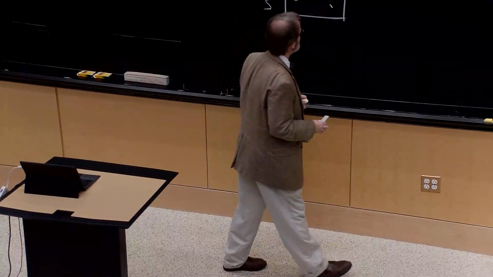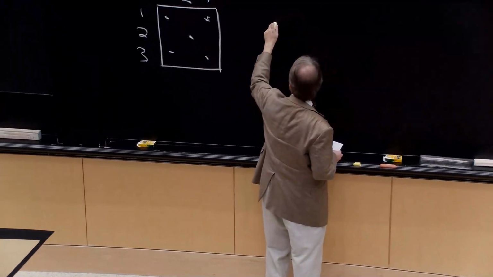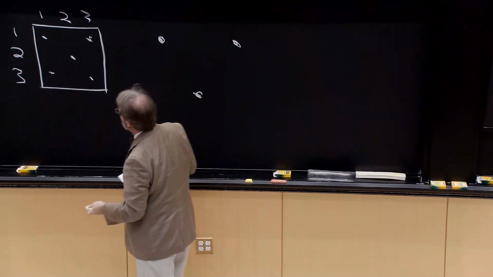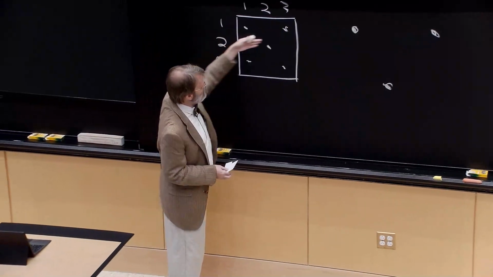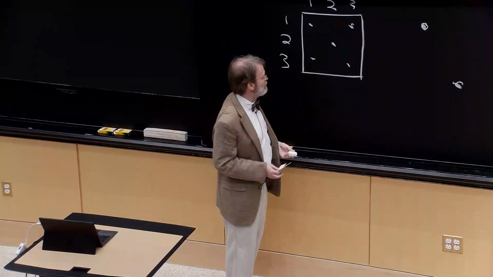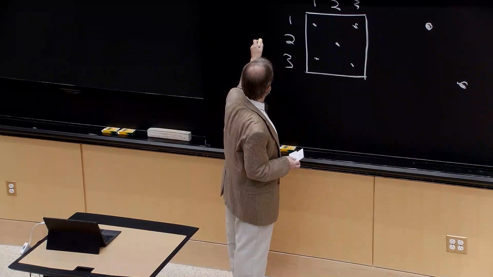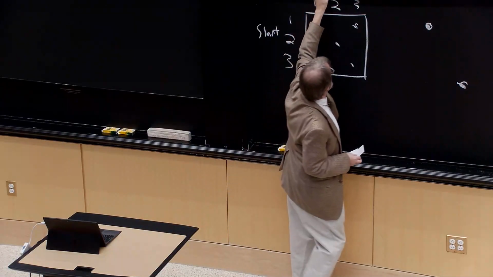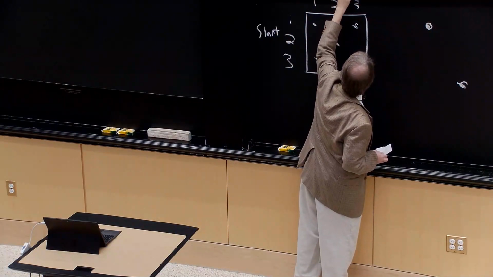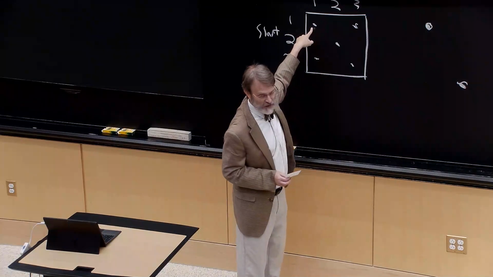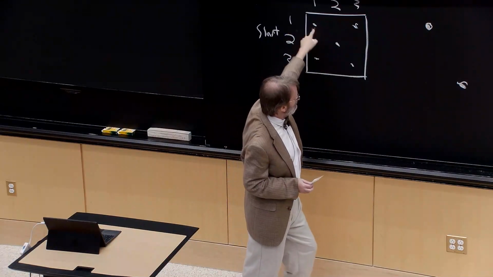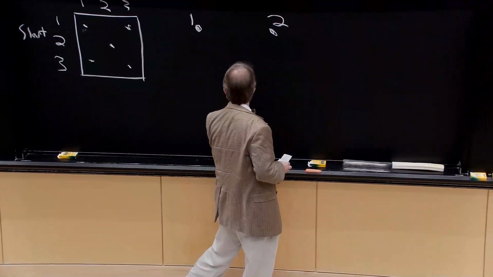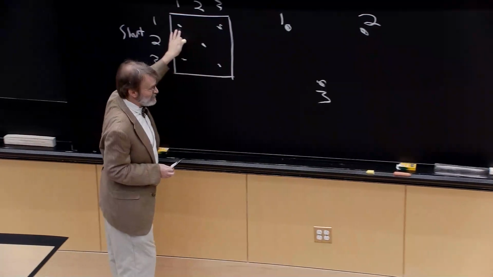So if we have 3 computers on the internet, and this is mapping communications between them, and this is the start of a message, and this is the end, we're saying we have a communication from computer number 1. Let's call these computers number 1, 2, 3.